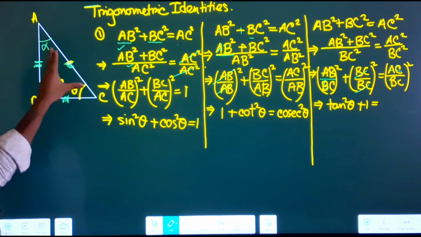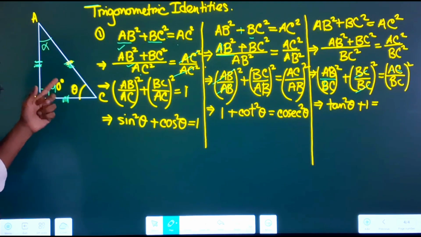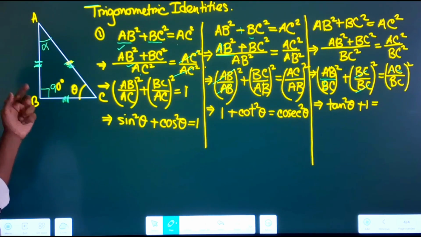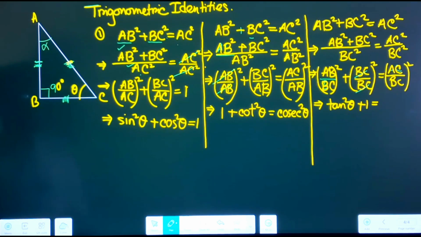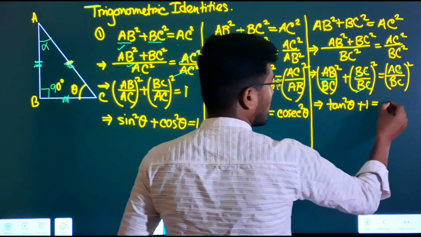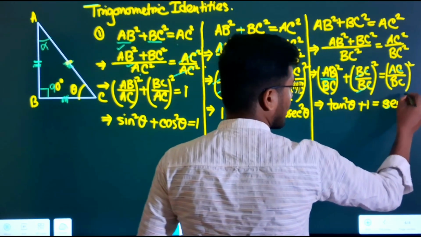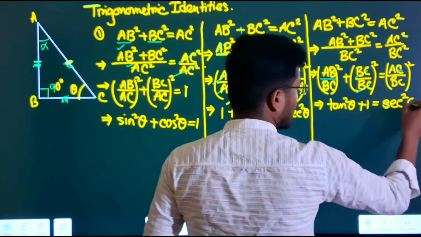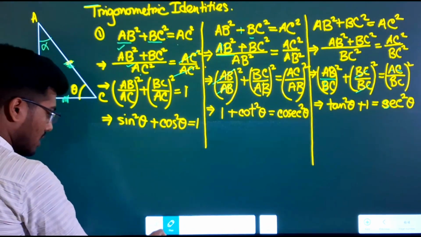Base by hypotenuse is cos, so hypotenuse by base is the reciprocal of cos, that is sec theta. So sec square theta. So these three formulas we have found.